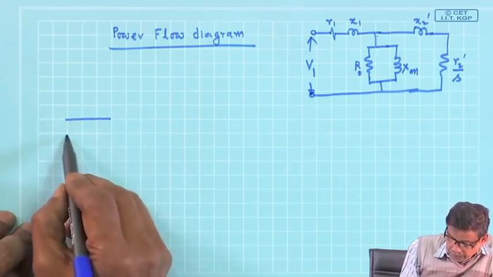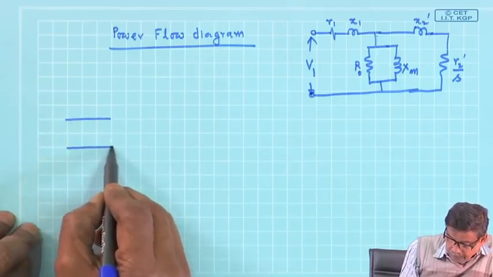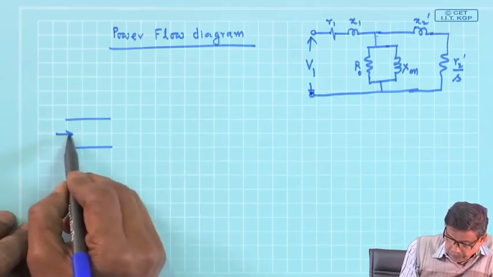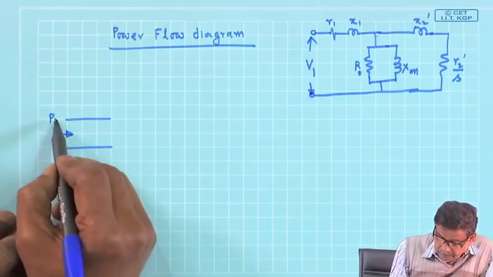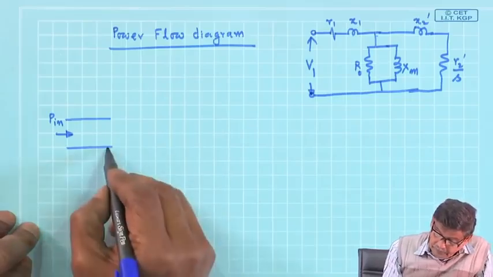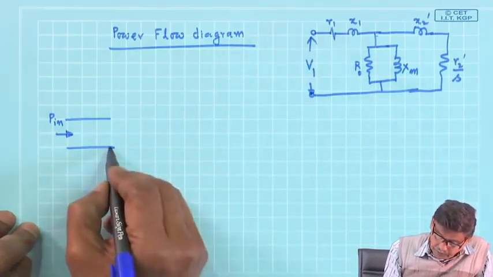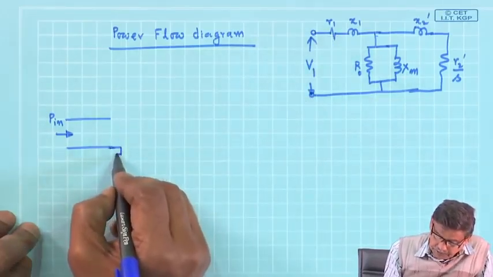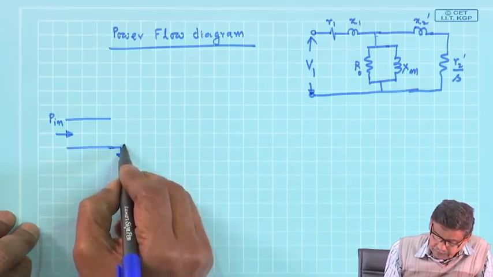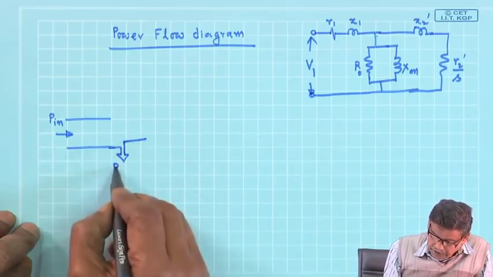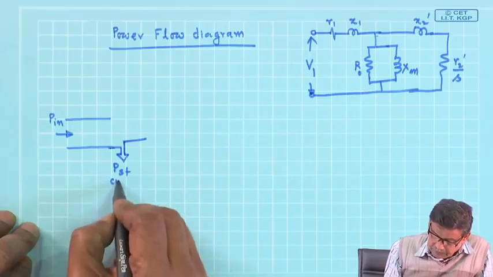Power input, this is suppose power input P in. First I find there is a stator copper loss. I will go on subtracting the losses. So, P stator copper loss.